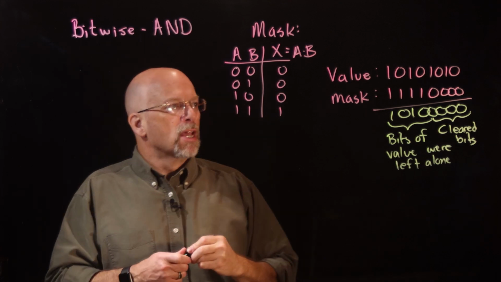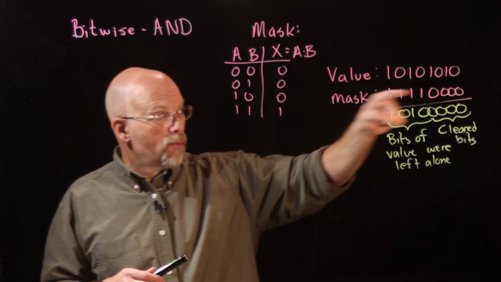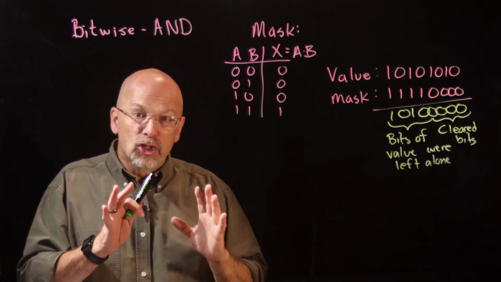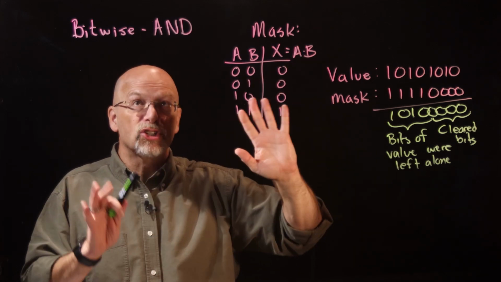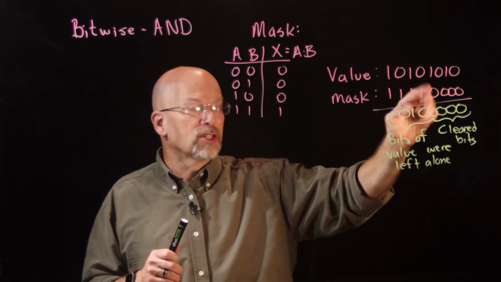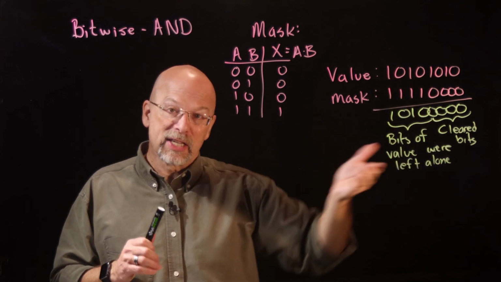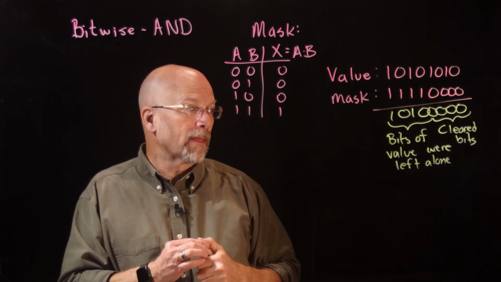All right? So what we can do is come up with a pattern of 1s and 0s for a mask that allows us to just clear, and the AND operation is only used for clearing. We can have a pattern of 1s and 0s in our mask, which sets up exactly which bits we want to clear and exactly which bits we want to leave alone. All right?